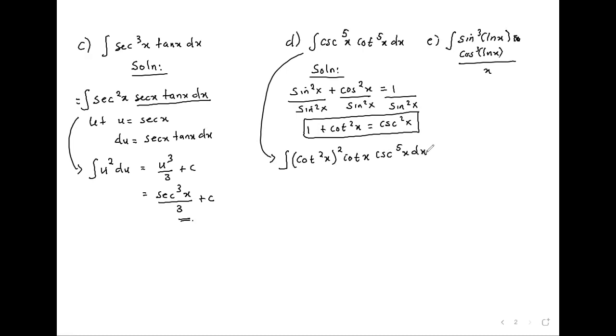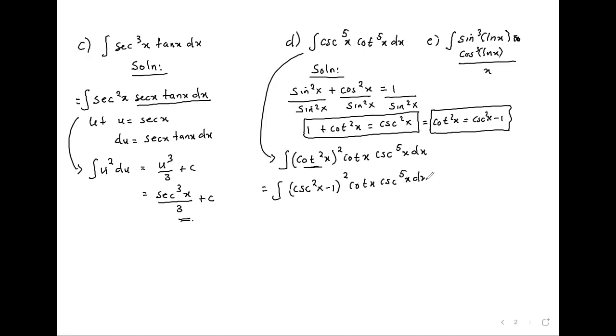Then we know that cot squared x is equal to cosec squared x minus 1. So use it in this form. So this is the integral of, where there is cot, we write cosec squared x minus 1 squared, and then cot x cosec 5x dx.